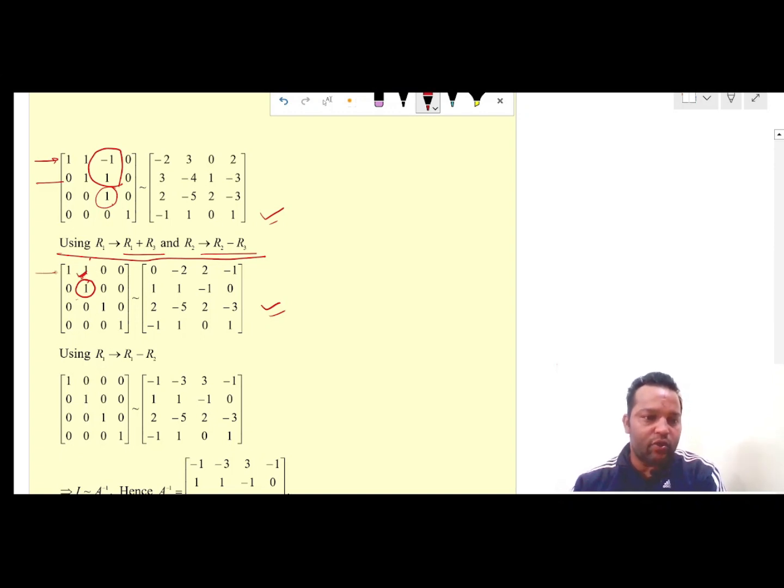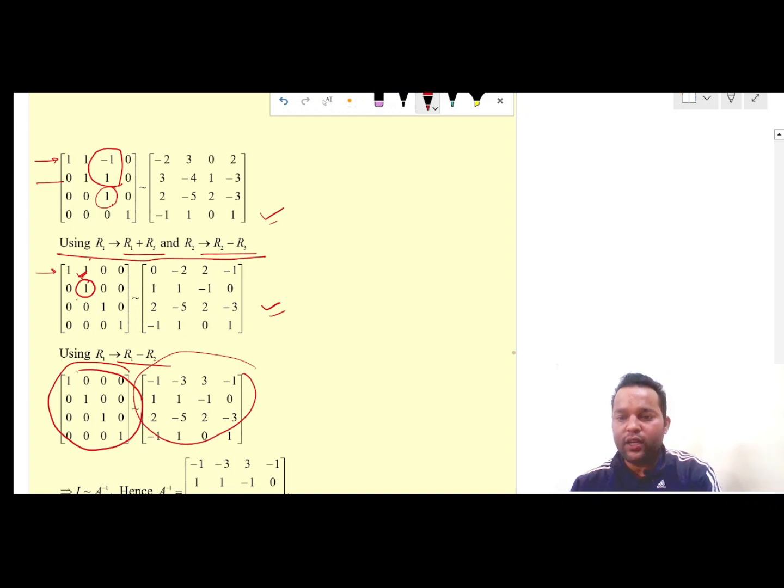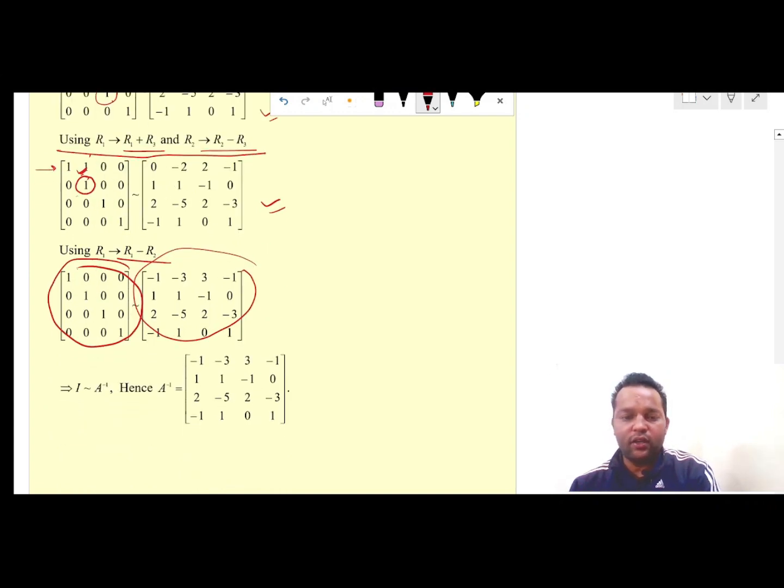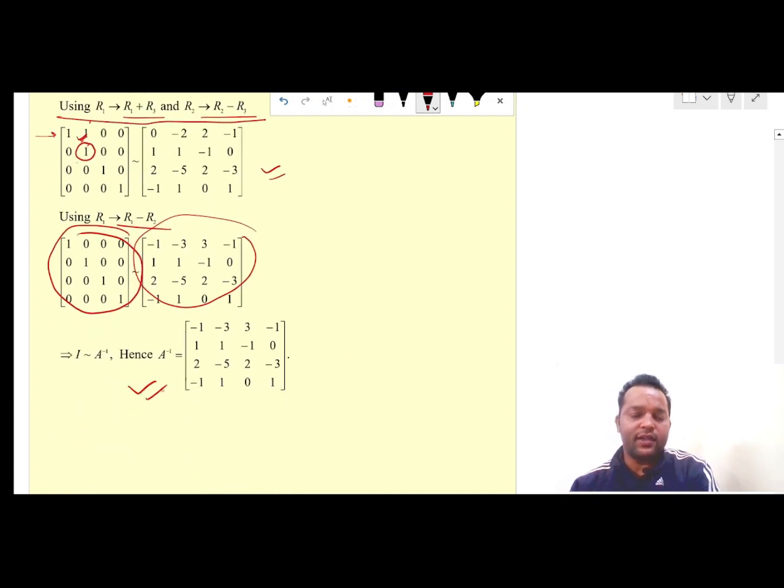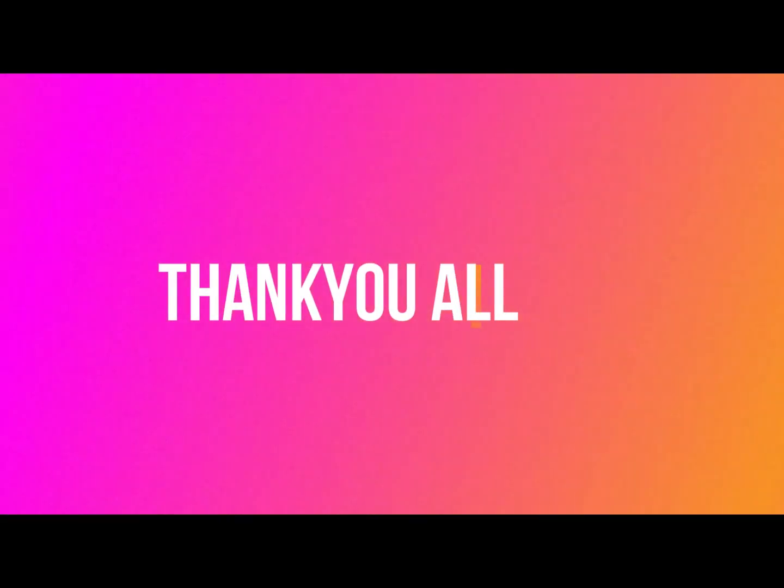Therefore the corresponding operation can be taken as the first row R1 is replaced by R1 minus R2. Therefore, we have reduced matrix A into the identity matrix, and the corresponding changes in the identity matrix give the inverse of the given matrix A. That is our inverse. Okay, thank you.